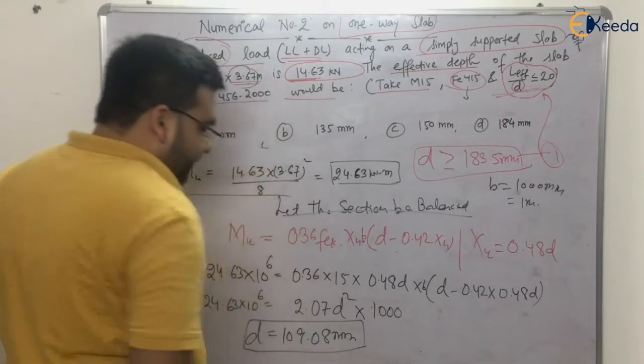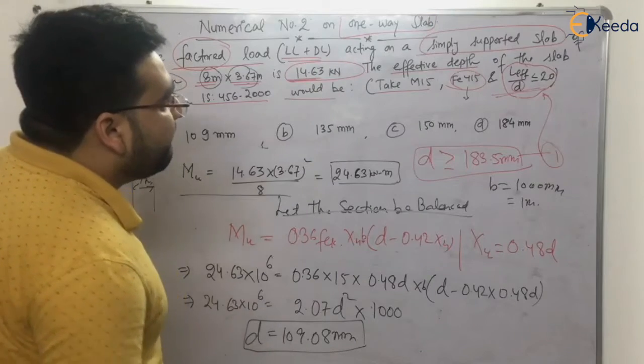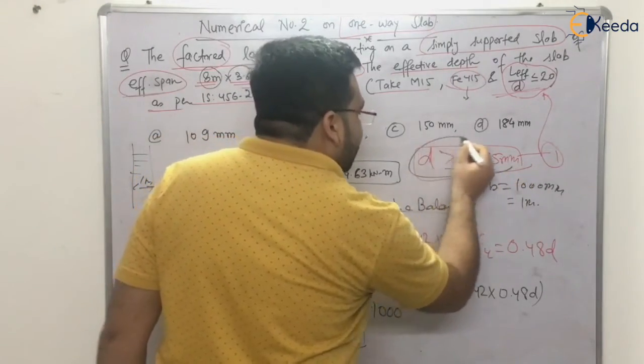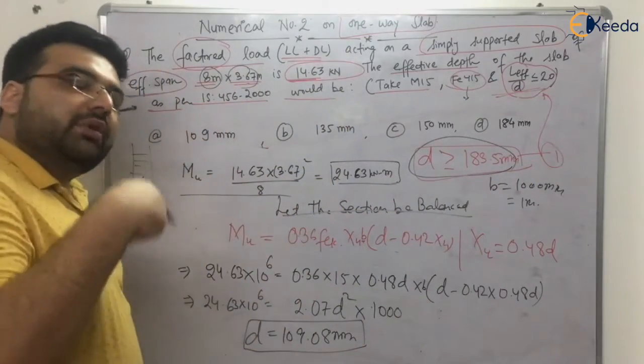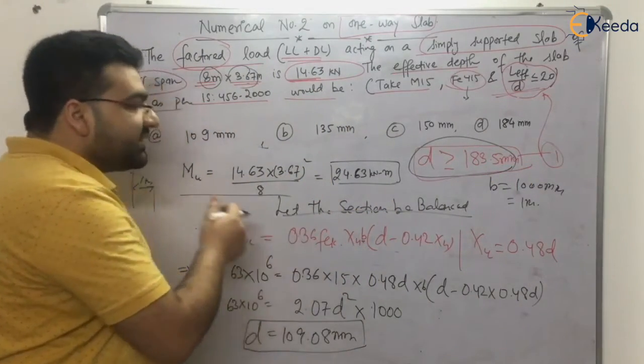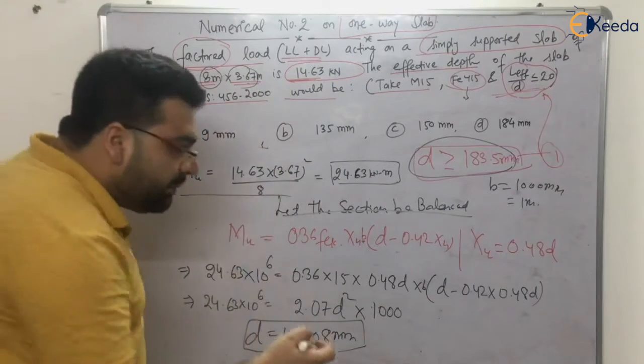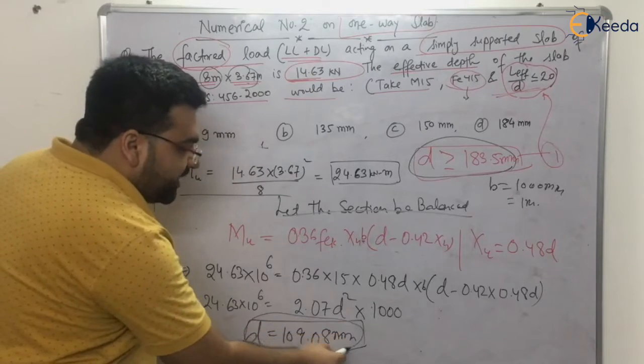Now let us compare. I told you that from the deflection control criteria, the minimum depth should be 183.5 mm. To resist the moment generated by this load, the minimum depth would be 109.08 mm.